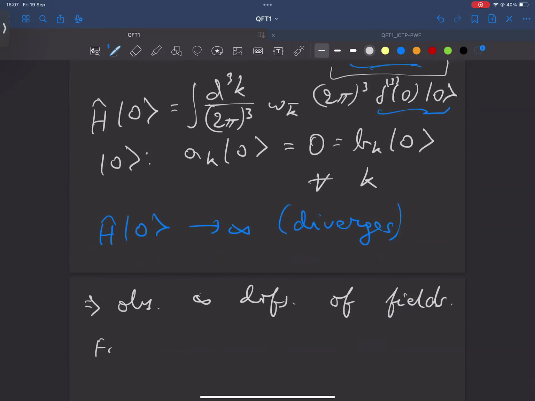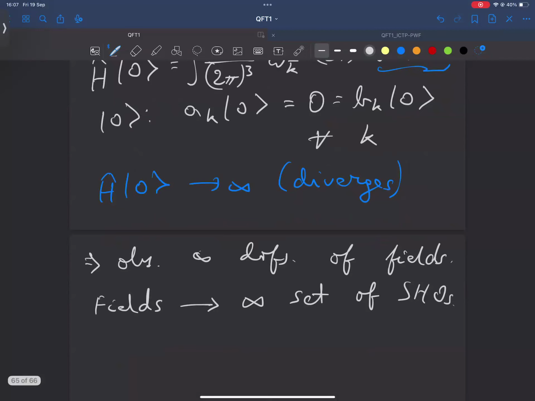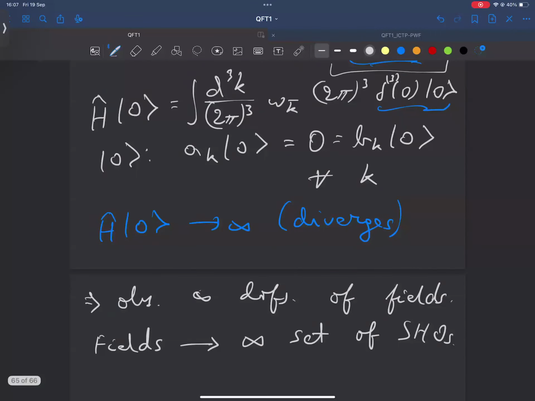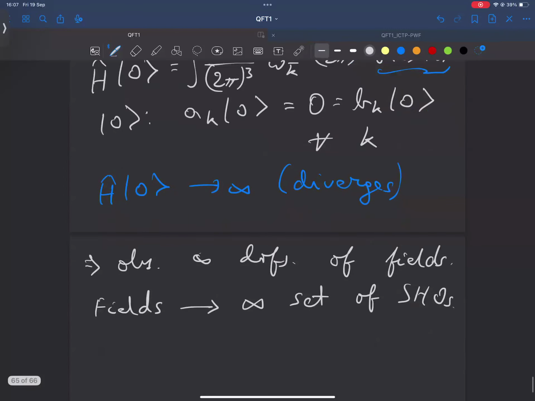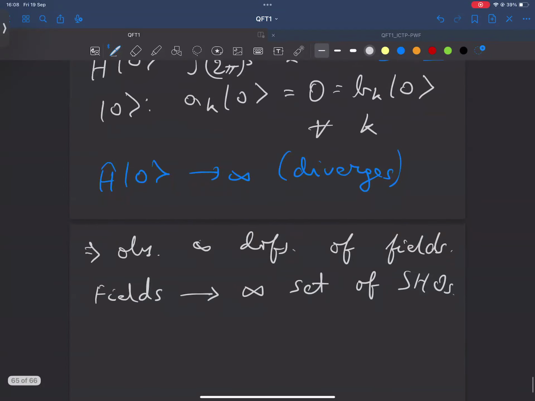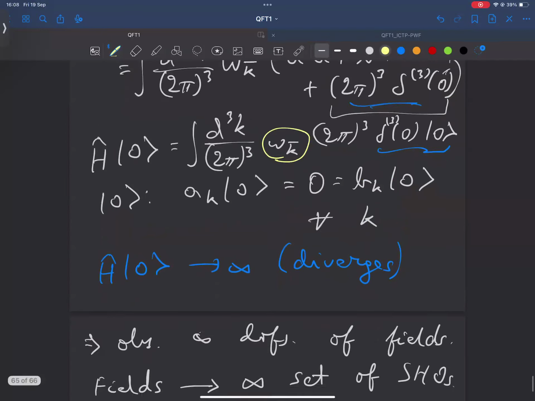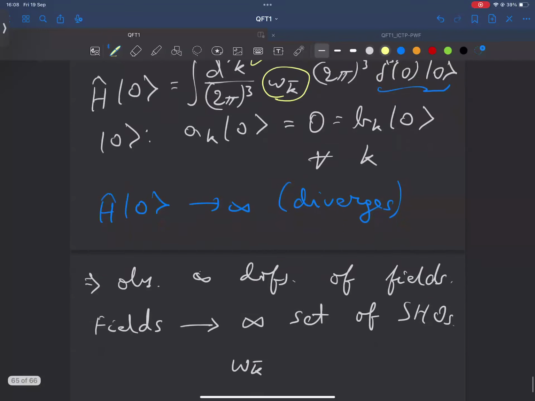So the problem is that since we had fields, we had an infinite set of harmonic oscillators. Because we had an infinite set of harmonic oscillators, note that each harmonic oscillator gives you an energy like omega. But now we have that same omega with an infinite integral in momentum space.